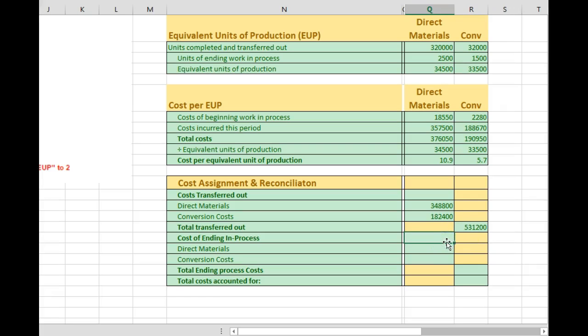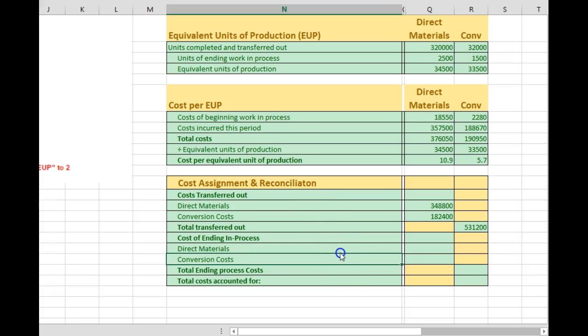And then you're going to do the same thing with your ending work in process. They had 2,500 for this one here, and they had 1,500 for this one.